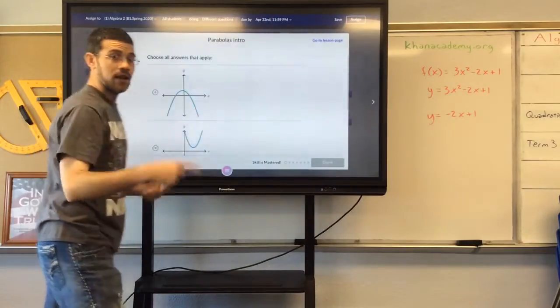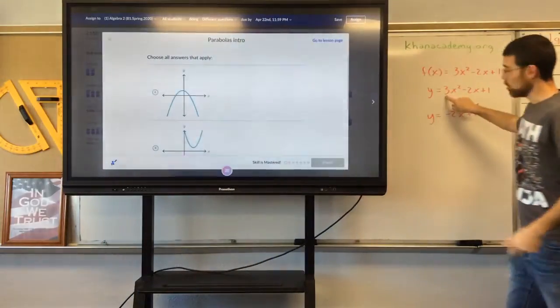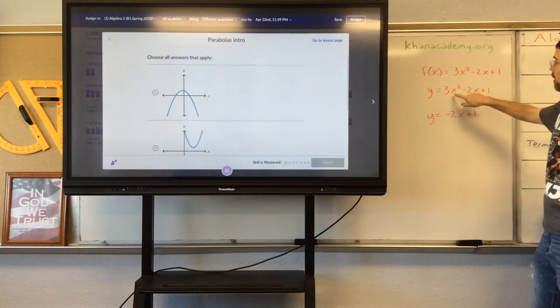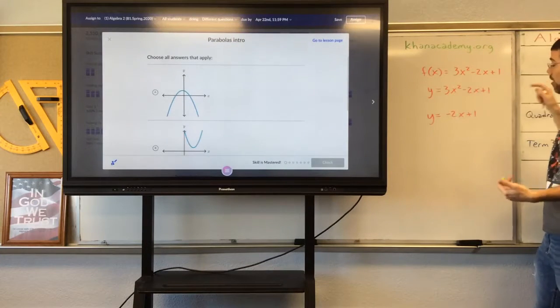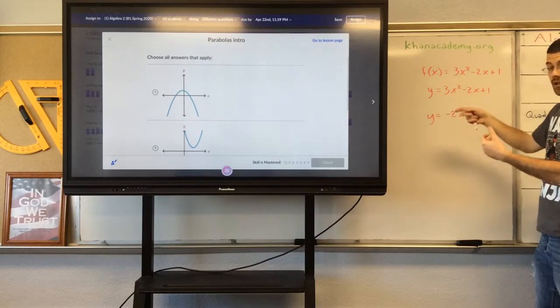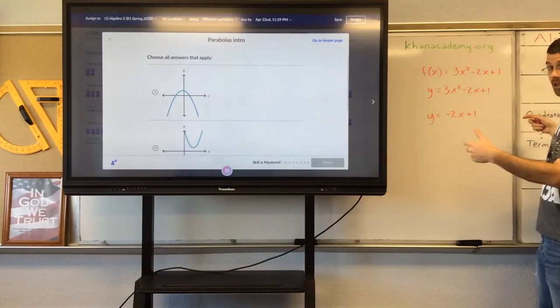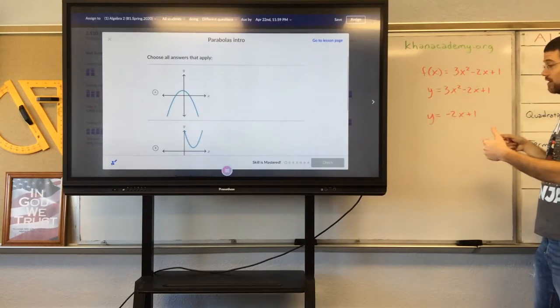like this. If this were negative 3, if the coefficient on the x squared term were negative, then as x gets really large, it's getting squared, and then the y value is getting really, really big.